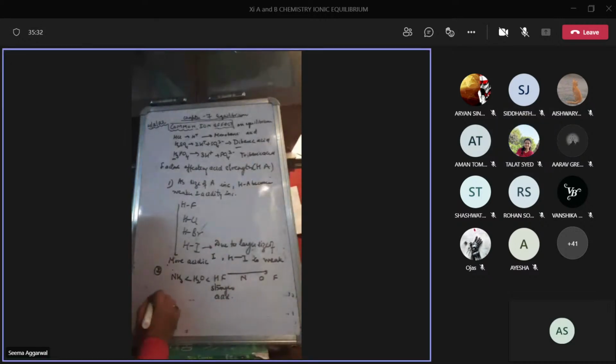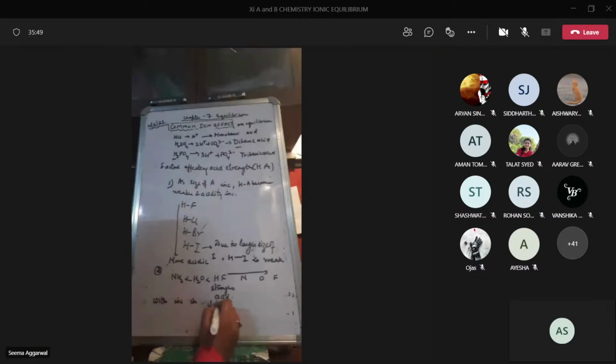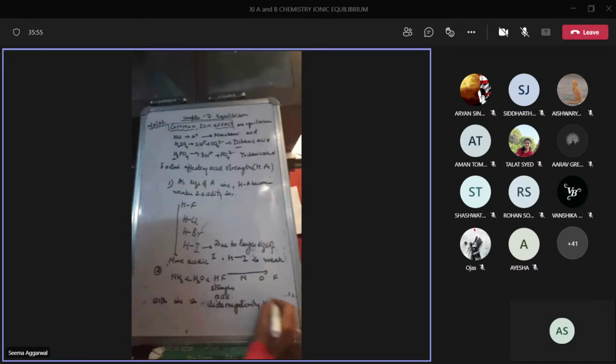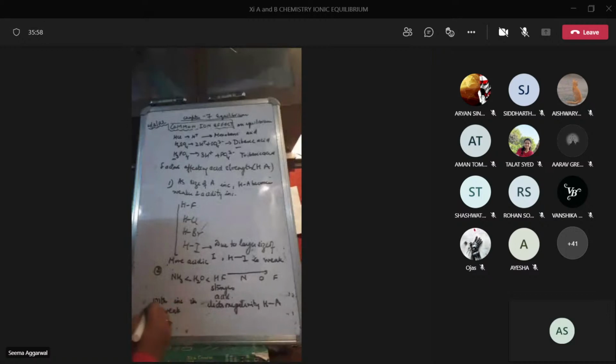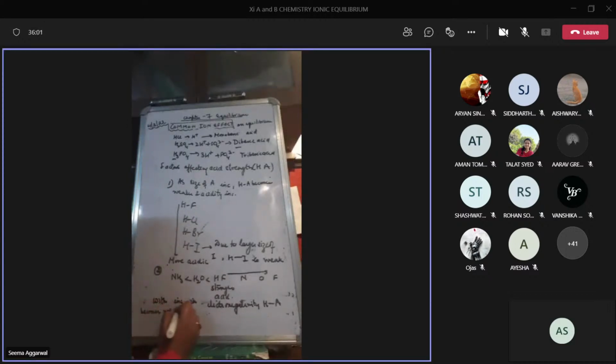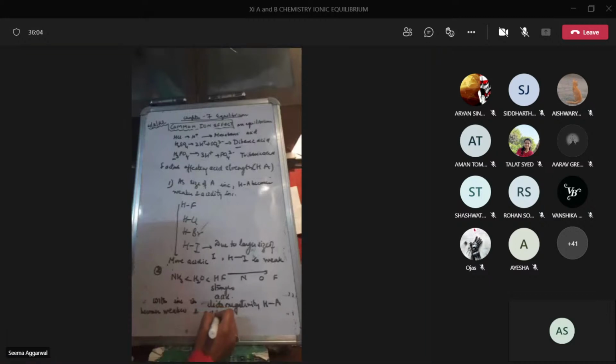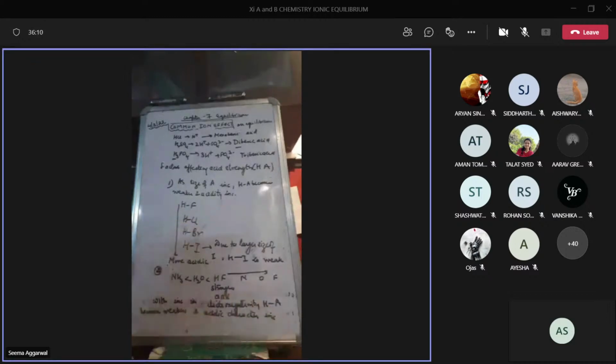Fluorine is the most electronegative element in the periodic table. So with an increase in electronegativity, the H–A bond becomes weaker and acidic character increases. The most electronegative is in HF, then H2O, and then ammonia.